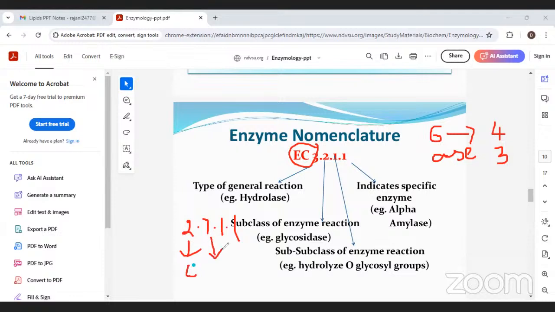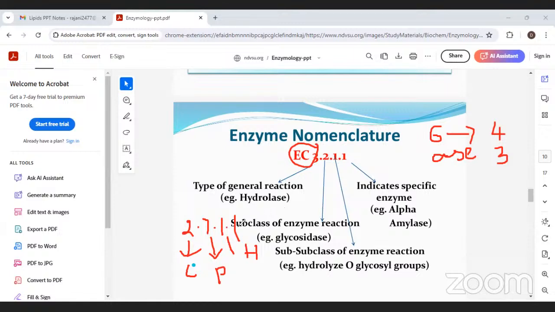The 7 subclass is transfer of phosphate. The third is the sub-subclass, with an alcohol function as the phosphate acceptor. The fourth digit, 1, indicates hexokinase.